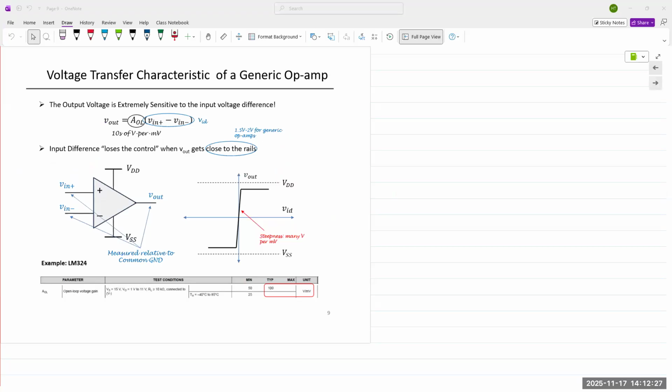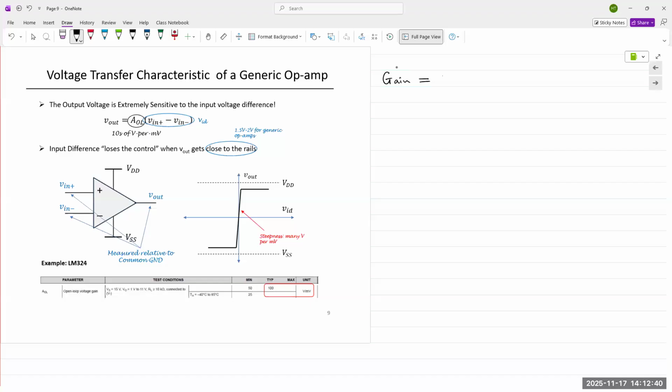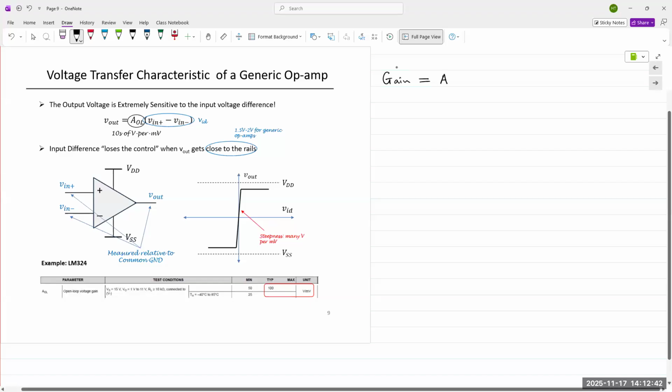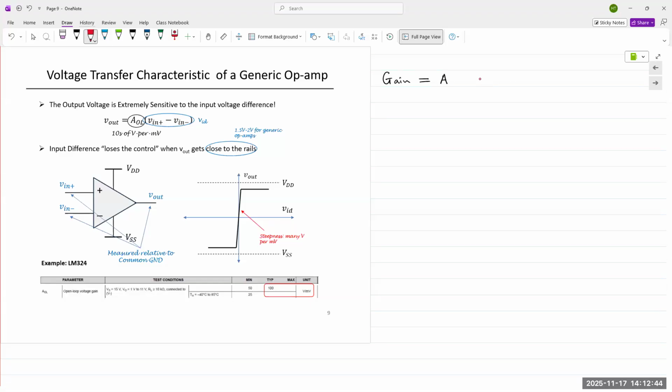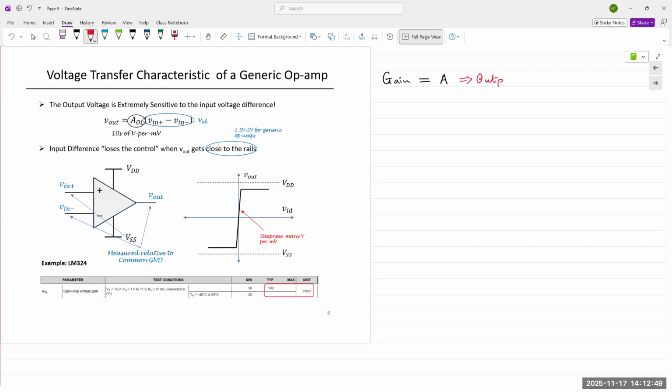Let's start with the term gain. Gain is simply defined as the ratio of output to input. It is noted by the letter uppercase A. The gain of a system is simply the ratio of the output to the input.